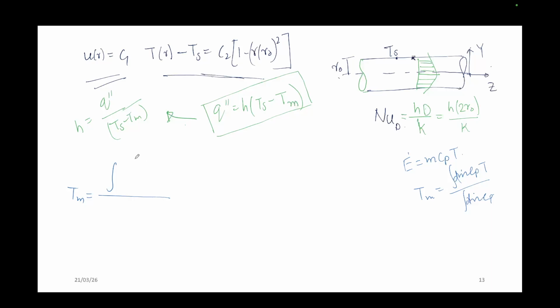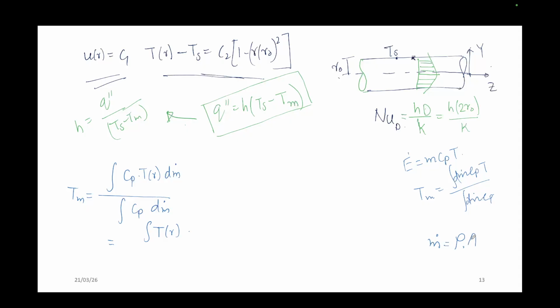So I can write CP, T means TR into DM dot, similarly by CP DM dot. CP, in the question nothing is given about CP. So that means I can consider the CP as constant, right? So integration, the rest thing will be into DM. So what is M dot?